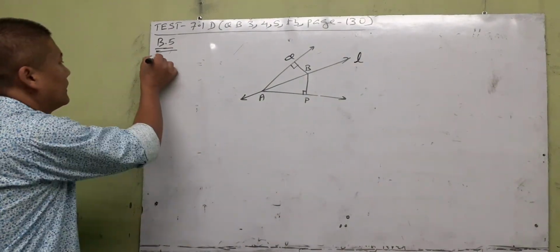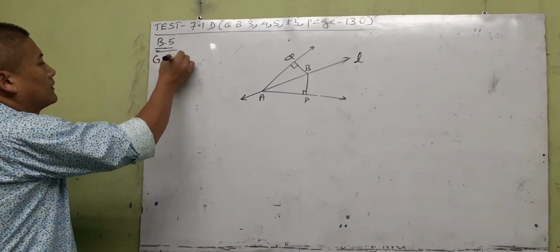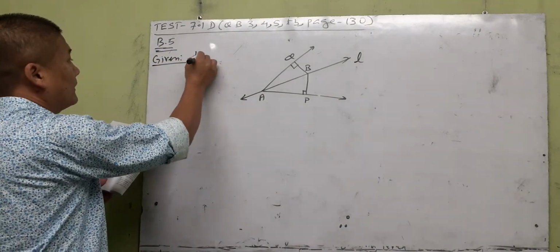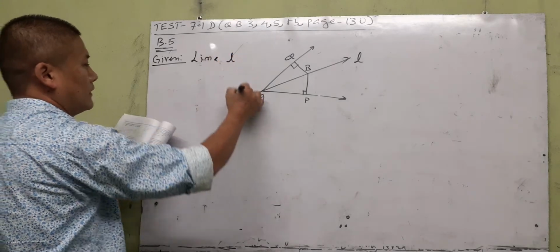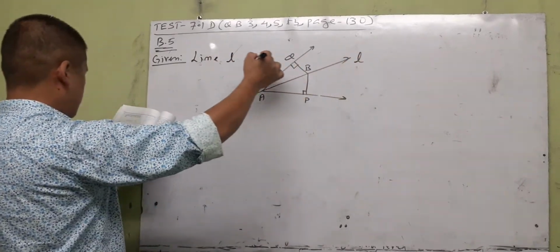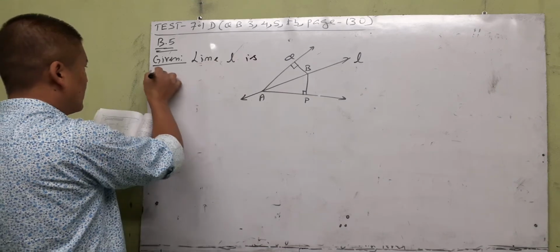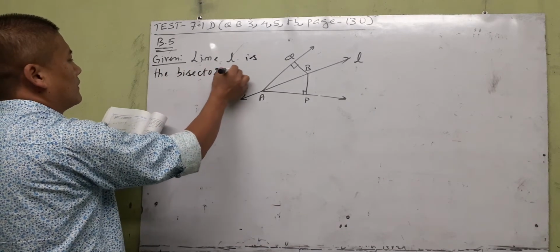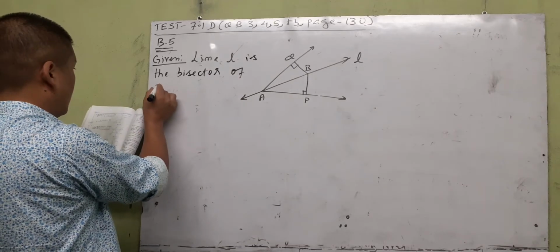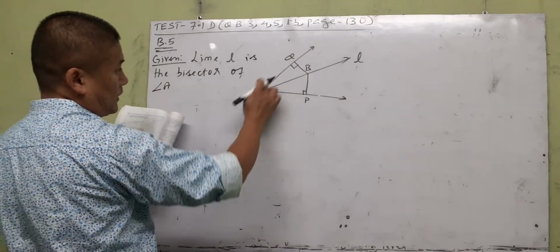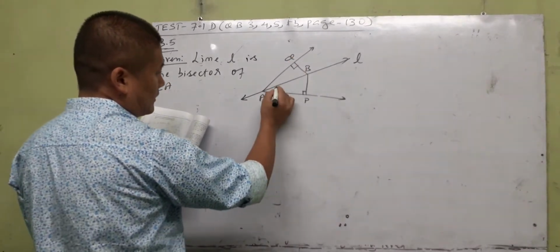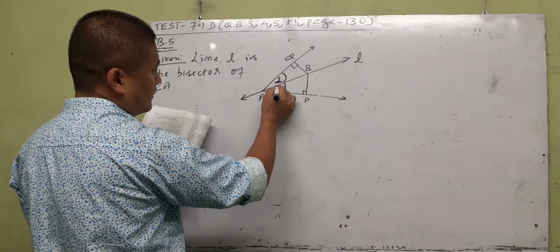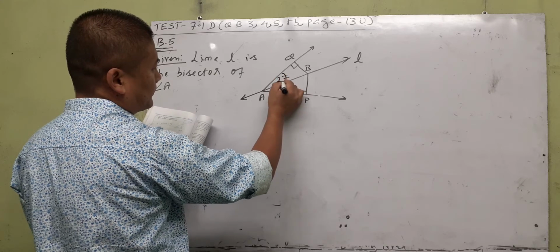So given to us here, just write down as it is, this line L is the bisector of angle A, meaning this QAP. Divide this into 1 and 2, then these two are equal, in other words.